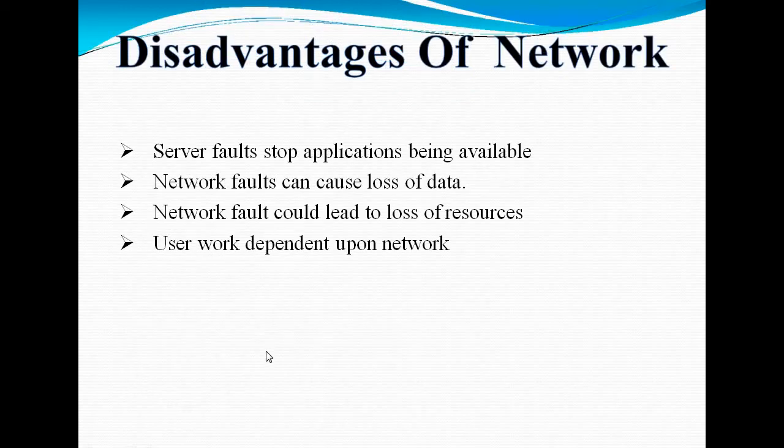So, the disadvantages of a wireless network are server faults that stop applications being available, network faults that can cause loss of data, network faults that could lead to loss of resources, and users' work depending upon the network. So these are the advantages related to our wireless networks over a wired network.